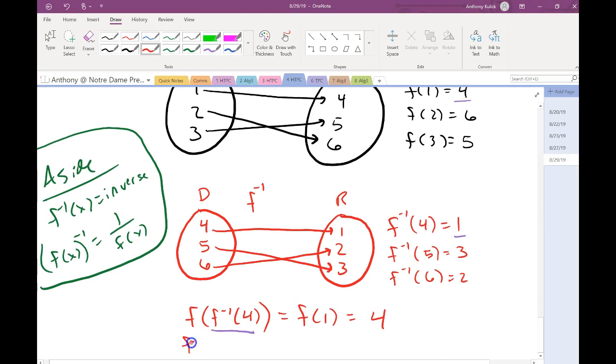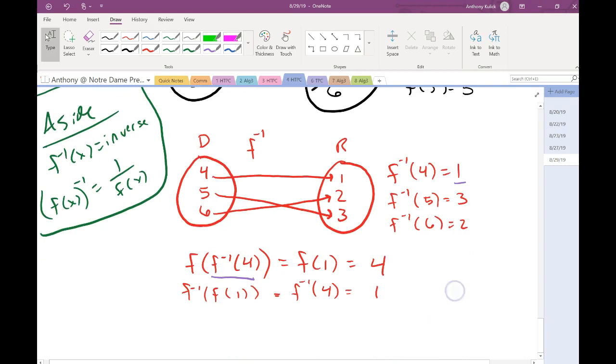Similarly, if I did f inverse of f of 1, I can say that that is f inverse of 4, and f inverse of 4 gives me 1. So this is basically like when we said that f of g of x has to equal x in our definition.